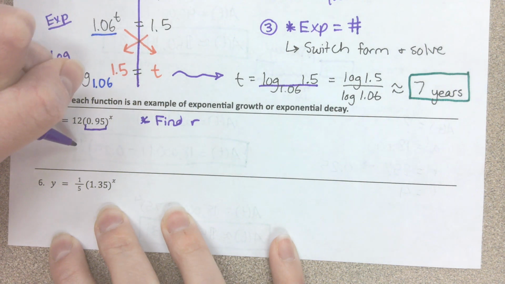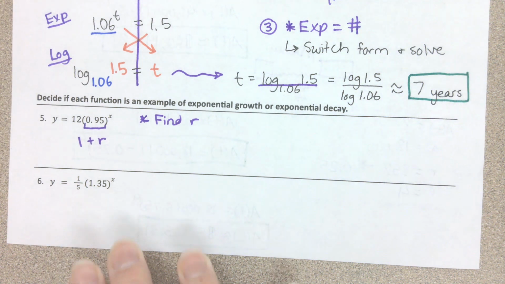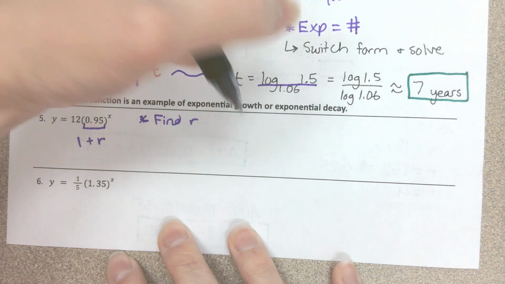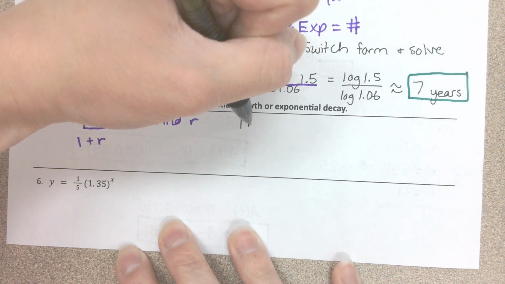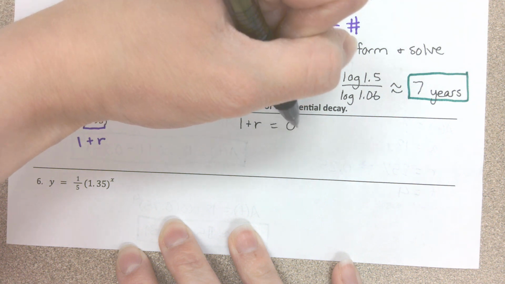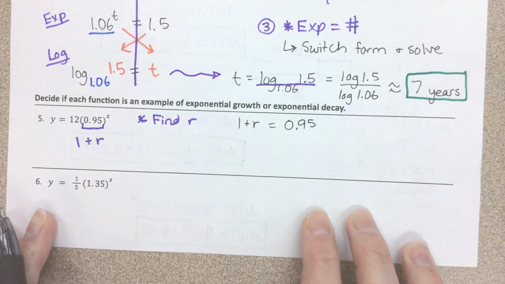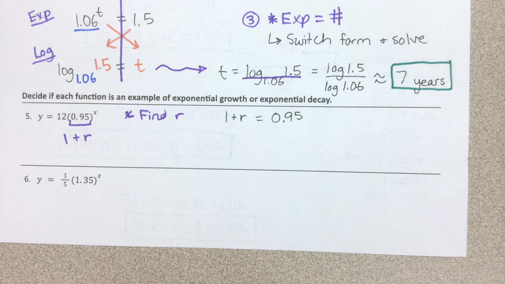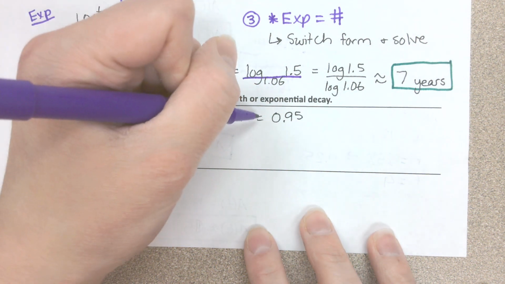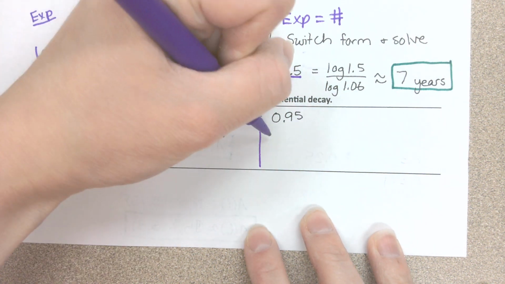So in the parentheses, we know that this is 1 plus r. So I'm going to set up a little equation. 1 plus r is equal to 0.95. And then we find r. Minus 1, minus 1.